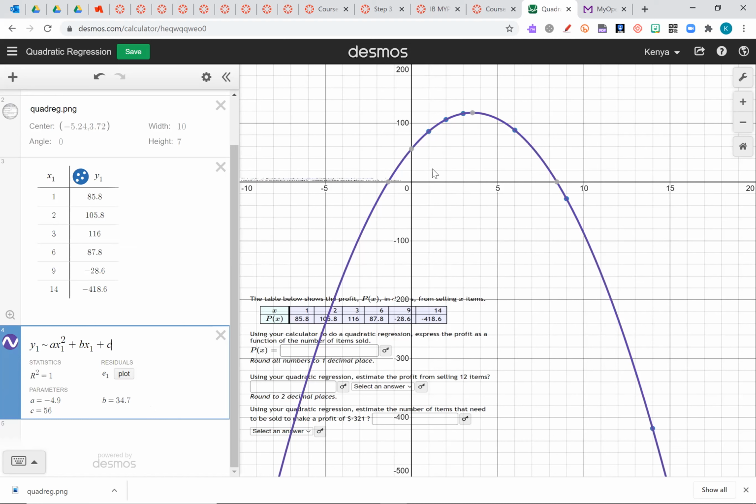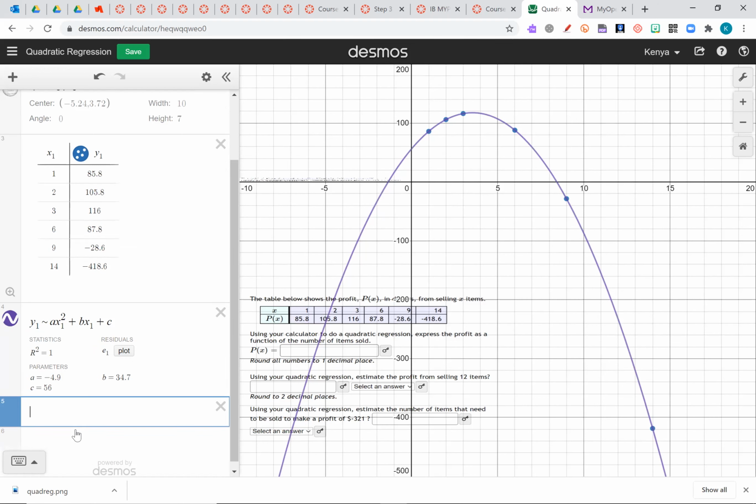If you notice, it kind of hits through all the points. Sometimes regression lines will not hit through all the points. Remember, it's a description of the modeled behavior. So in our situation, we have A equal to negative 4.9, B equal to 34.7, and C equal to 56. So we can write our equation below here.